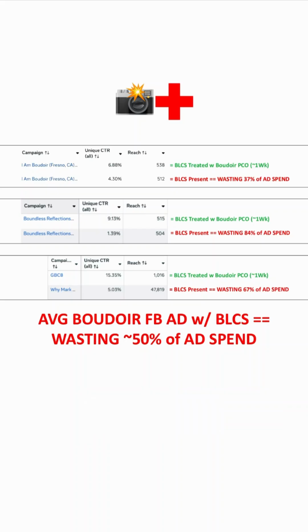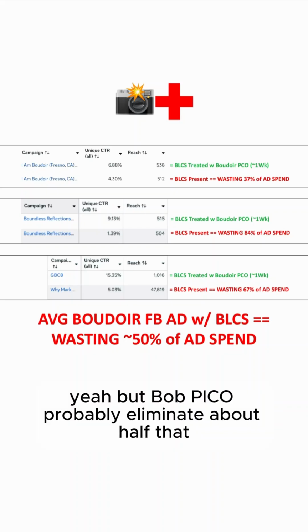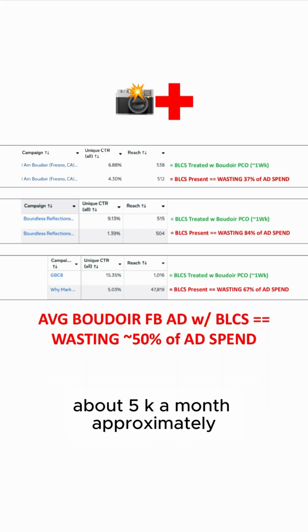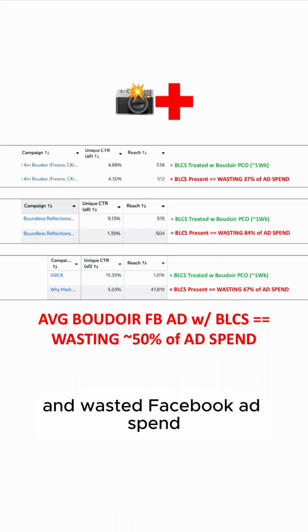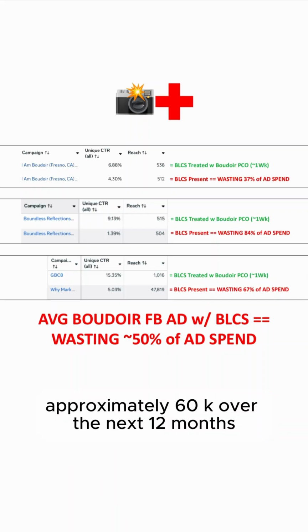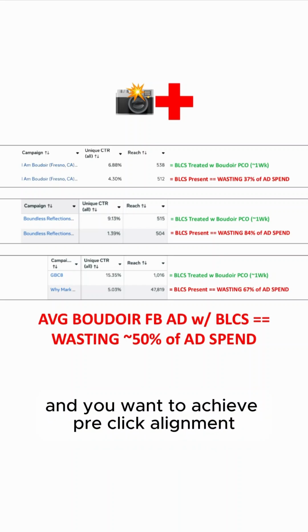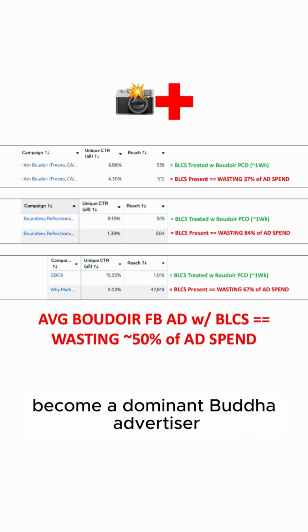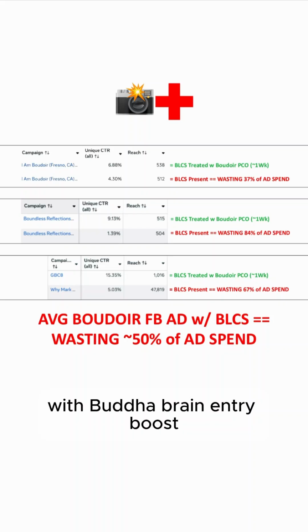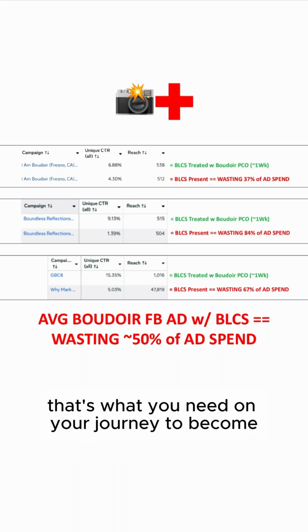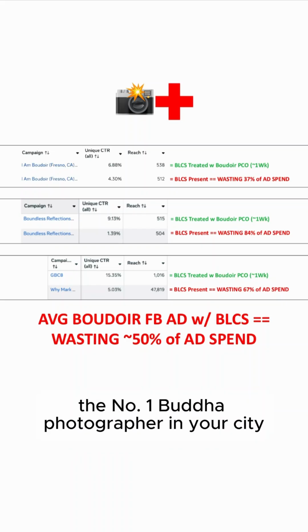So on average, Boudoir Pico probably eliminates about half that, about 5K a month approximately in wasted Facebook ad spend. Put that back into your pocket. You don't have to spend it anymore. Approximately 60K over the next 12 months. And so you want that, and you want to achieve pre-click alignment, become a dominant Boudoir advertiser with Boudoir Brain Entry Boost, because that's what you need on your journey to become the number one boudoir photographer in your city.